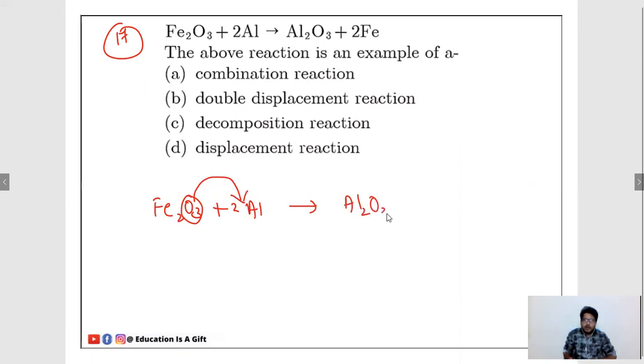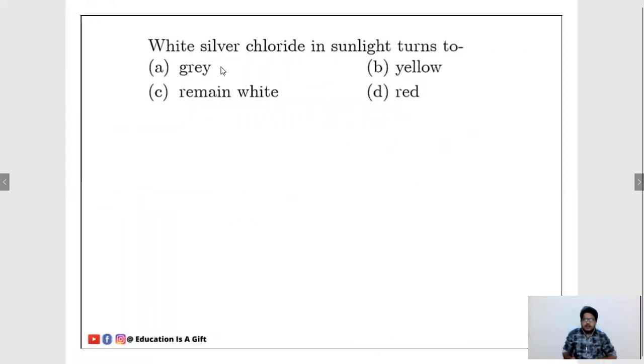We got aluminium oxide and iron is left. How many displacements are happening? One displacement. So it is single displacement. This is not double displacement, not combination, not decomposition. It is single displacement. Very direct question.